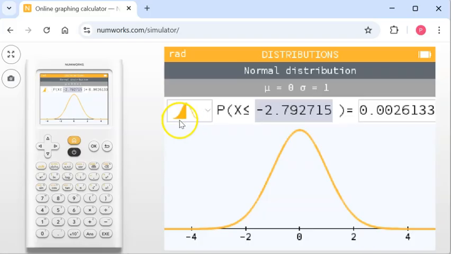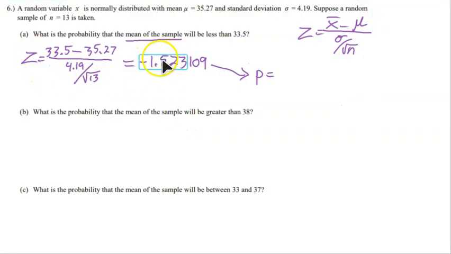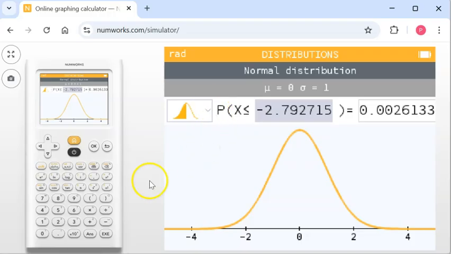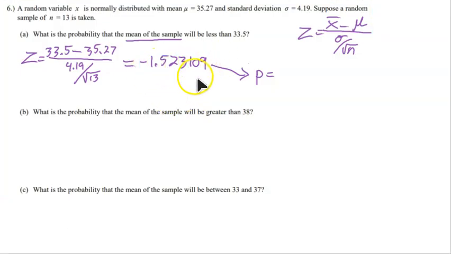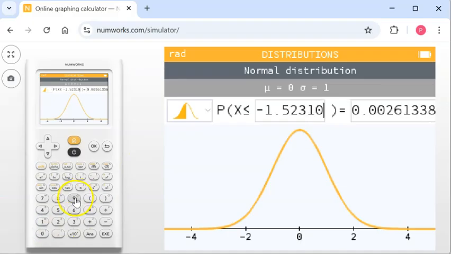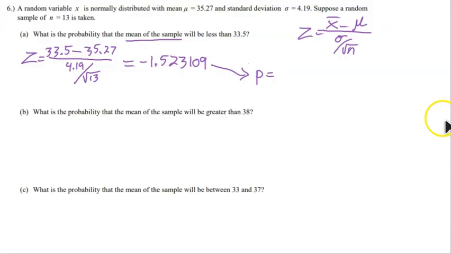That's the less than shading. We're going to put in a z-score of negative 1.523109. Execute, and look at this. Here's our probability, 0.0638657.